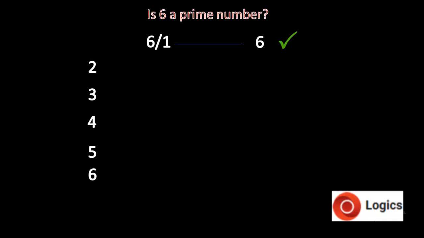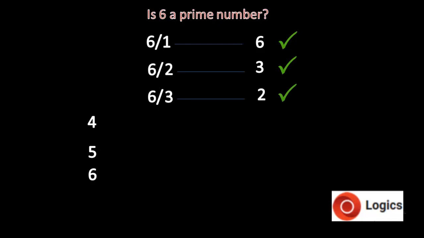Let us check if 6 is divisible by 2 or not. Yes, 6 is divisible by 2. Let us check if 6 is divisible by 3 or not. Yes, 6 is divisible by 3.